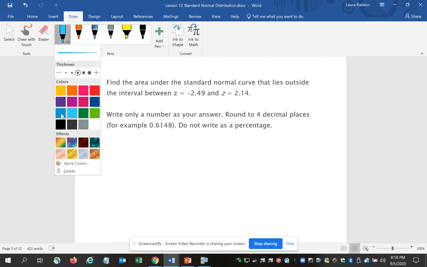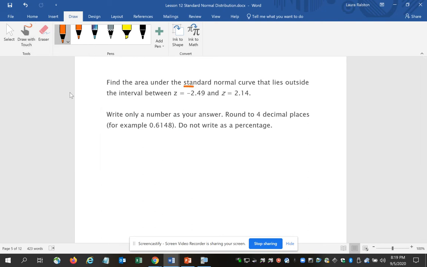Okay, going through this one, it says find the area under the standard normal curve. Again, standard normal curve, mean is 0, standard deviation is 1.